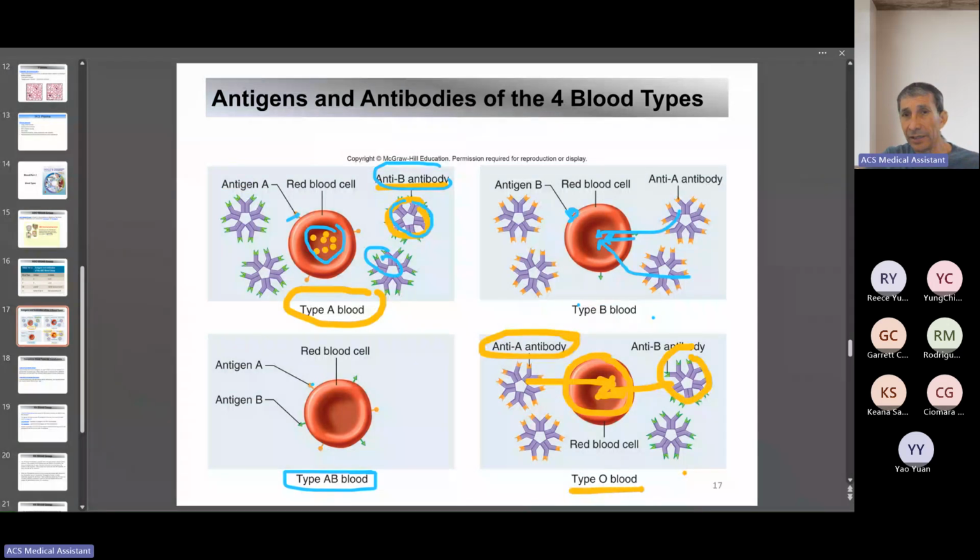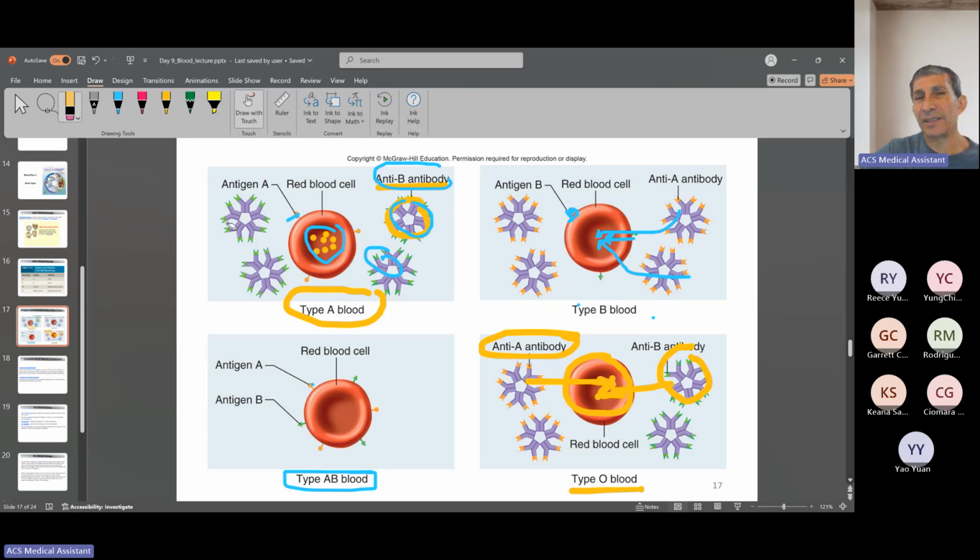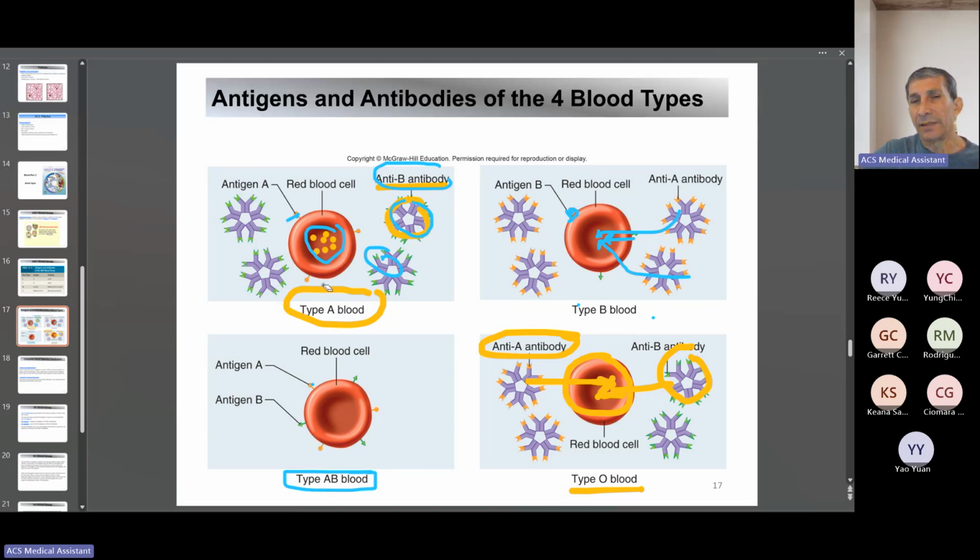So it's a little tricky, but most of the time, they don't ask on national certification, what is type A? How do you know that it's type A? But remember, type A has antigens on the surface.